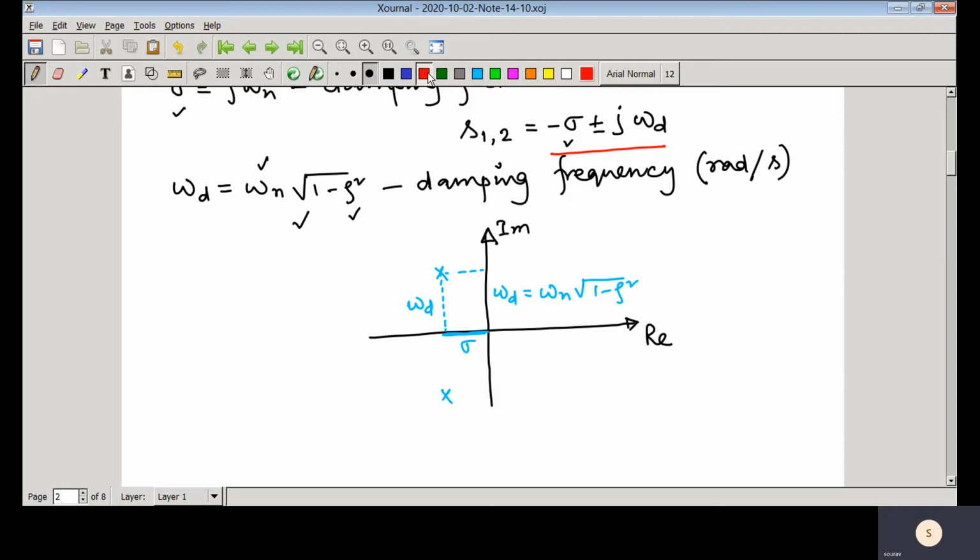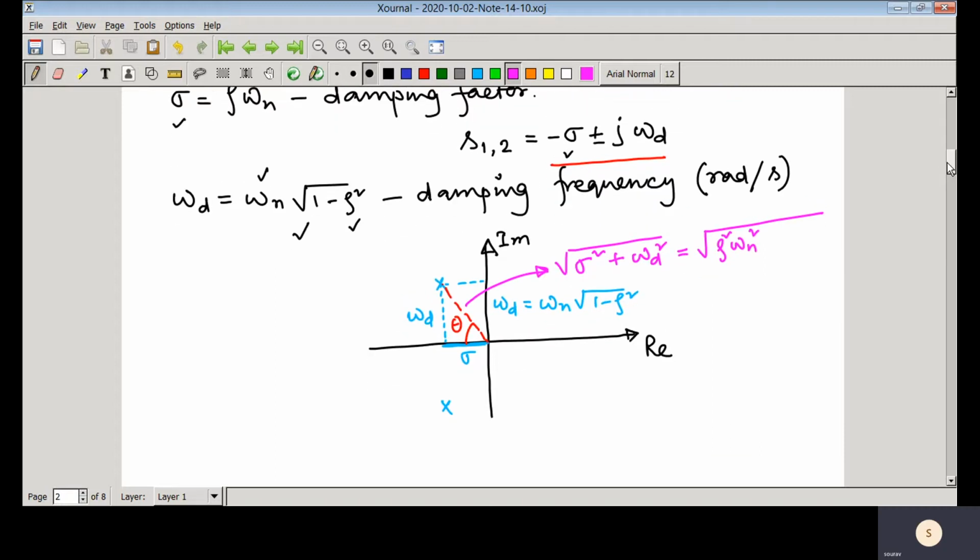Now if we just connect this pole location with the origin, we will have one angle, that is theta. And let us see what the hypotenuse is. That is the square root of sigma square plus omega d square. Sigma square is zeta square omega n square, and omega d square is omega n square into 1 minus zeta square.